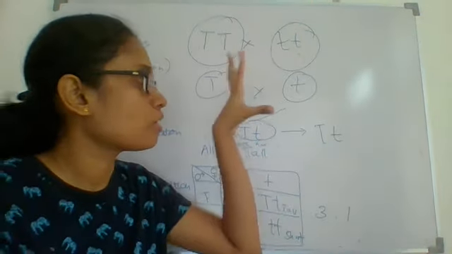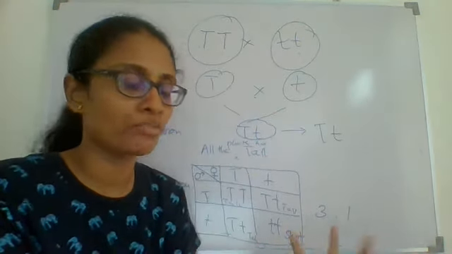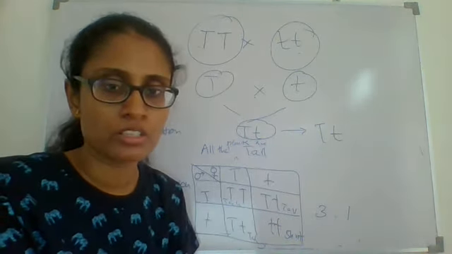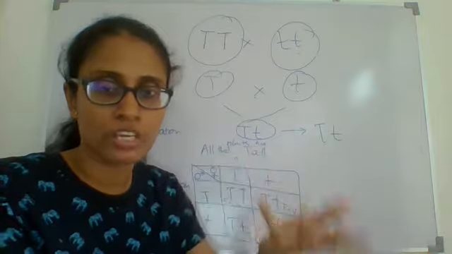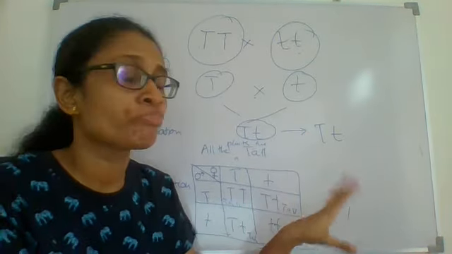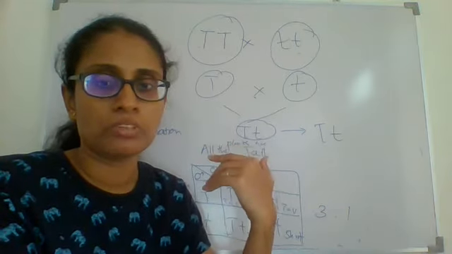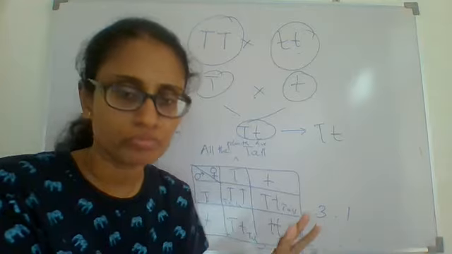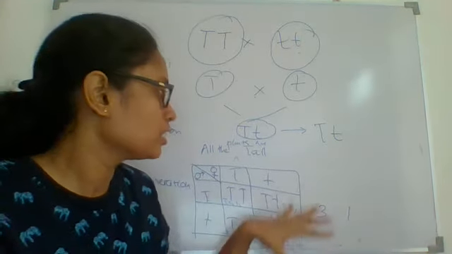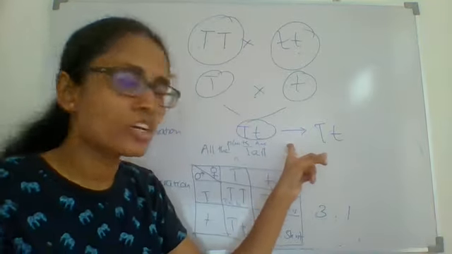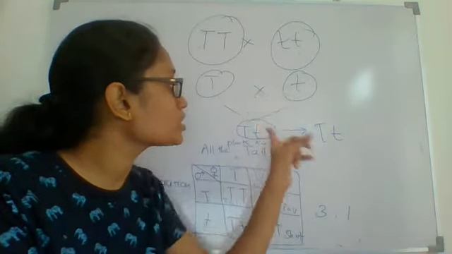Right? So earlier I told you about the phenotype and the genotype. There are three different genotypes. The gene types are different, but although the gene type is different, the phenotype sometimes doesn't change. Like here, if you take this as a tall plant, this is also tall, but their gene types are different.